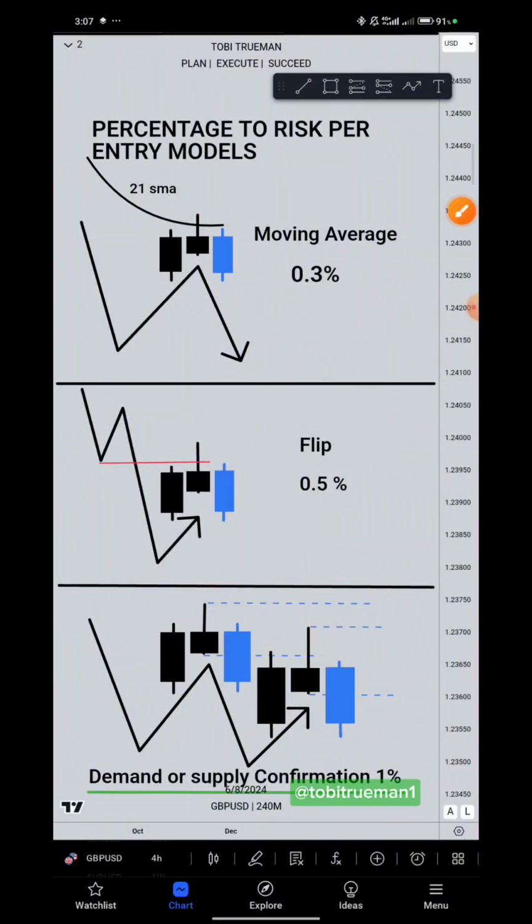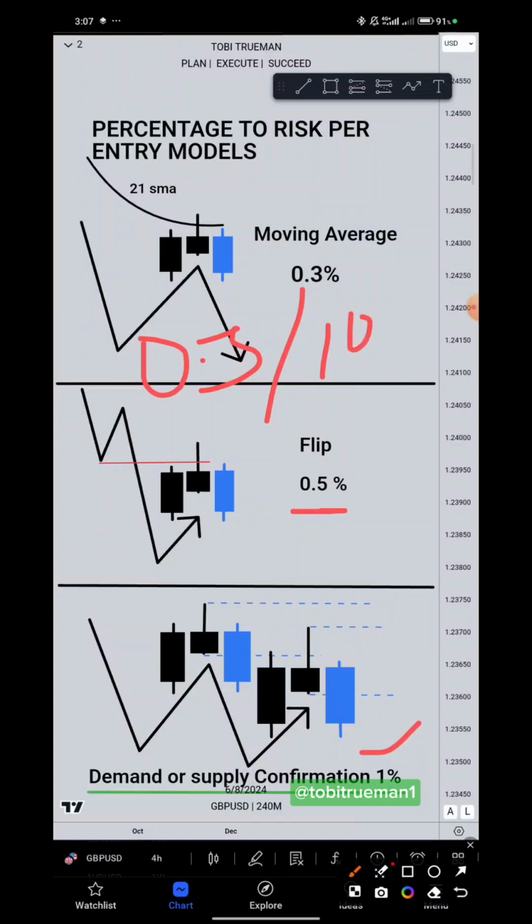So you can risk 1% per trade for demand or supply confirmation, and 0.5% of your capital for the others. And you know how to do it. If you want to use a calculator, you just say 0.5% divided by 100. Then the value that you have, you multiply by the total account balance you have. Maybe you have $1,000, you can do the mathematics: 0.5% divided by 100, then use that value to multiply your capital. So you have the exact figure to risk per trade.